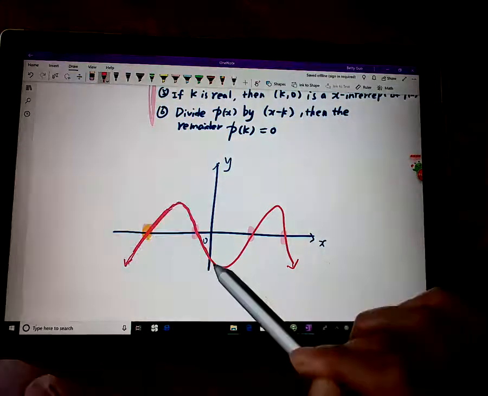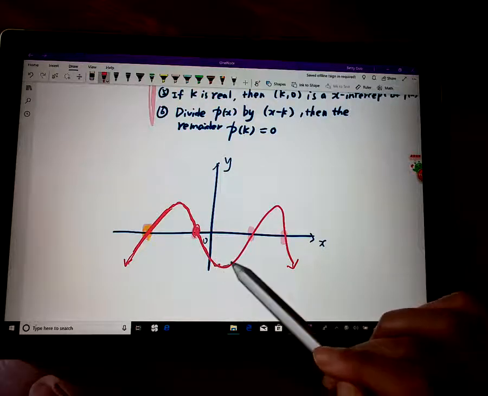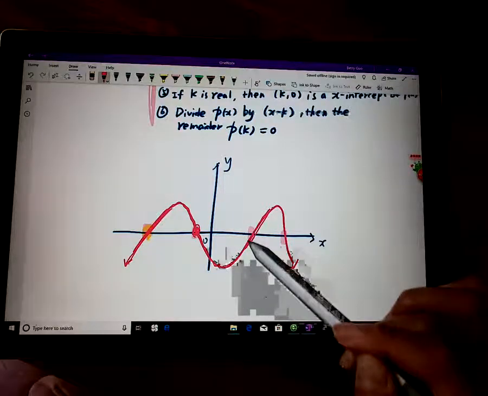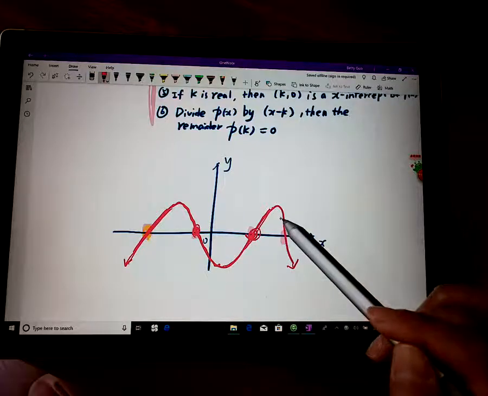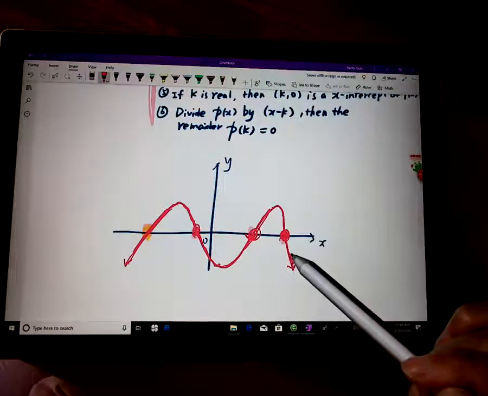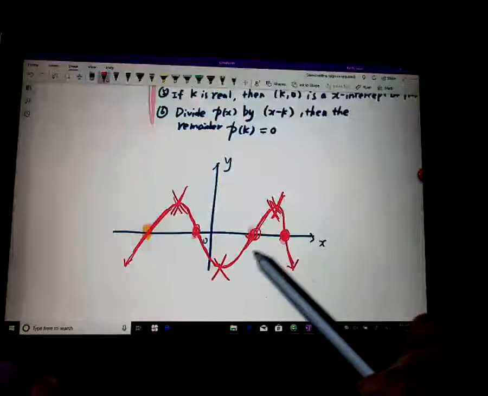The second time the graph crossed the x-axis, and the third time, the graph has to change the behavior from decreasing to increasing. Same thing here. In order for the graph to cross the fourth time, it has to change the behavior. So 4 intercepts give 4 minus 1, which is 3 turning points. Does that make sense? Yeah.